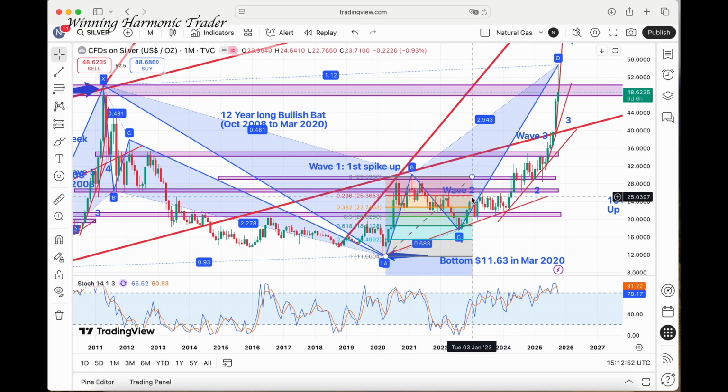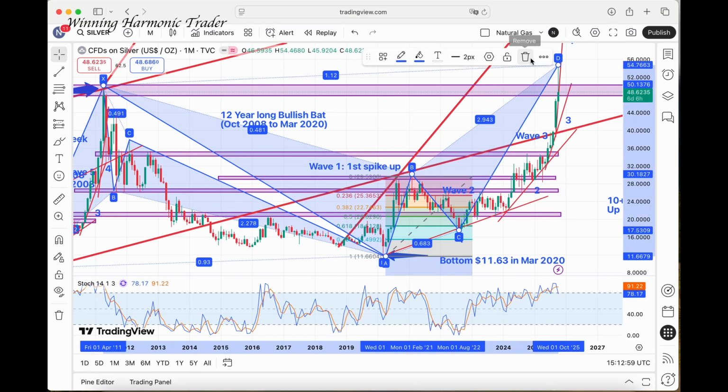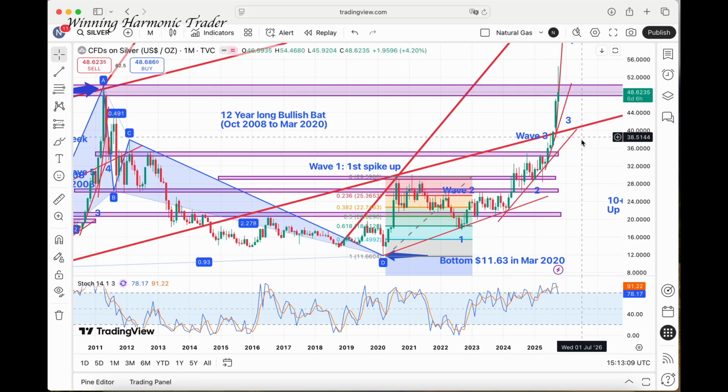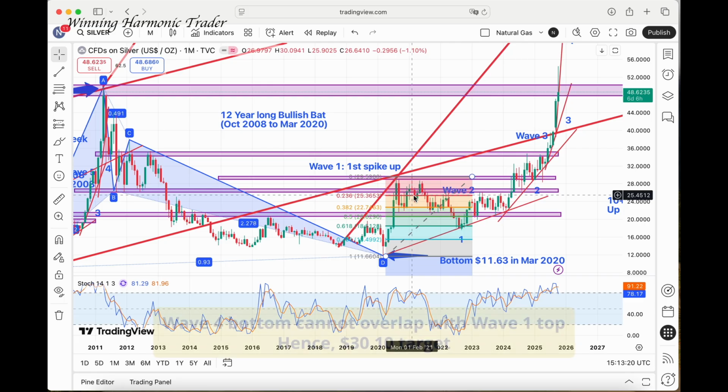And if we look at Elliott wave, let's remove the butterfly for now. This is wave 1 and wave 2 and wave 3, right? And if this is wave 4 in the process, then the wave 4 bottom cannot overlap with the wave 1 top, which is the B point, right?